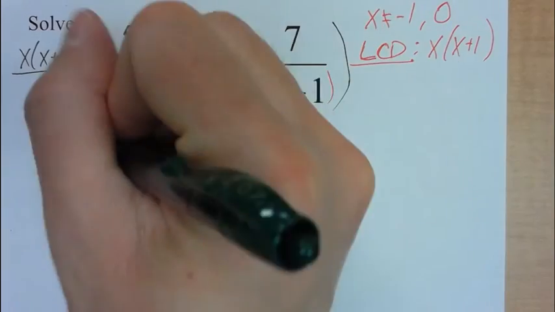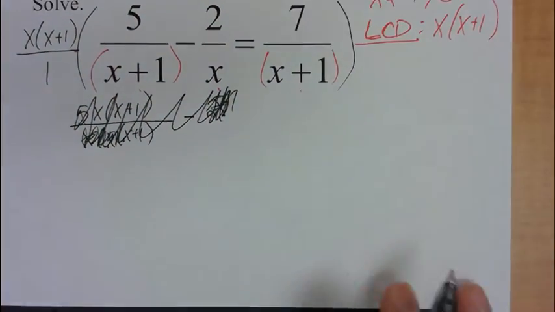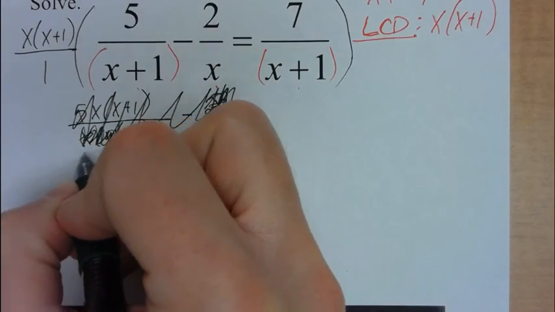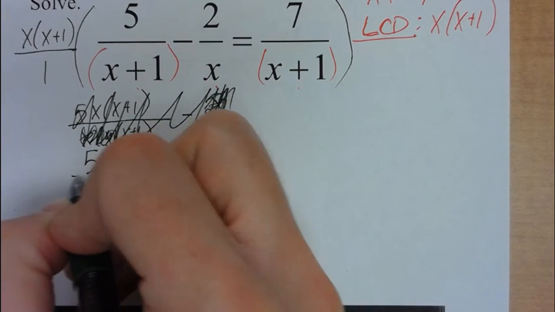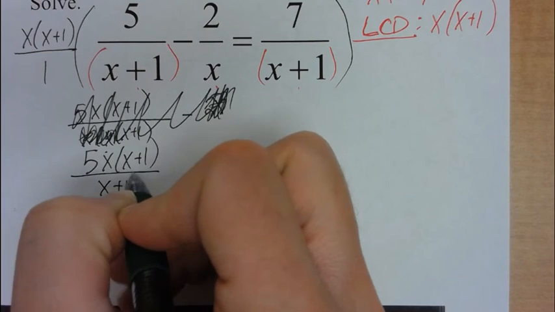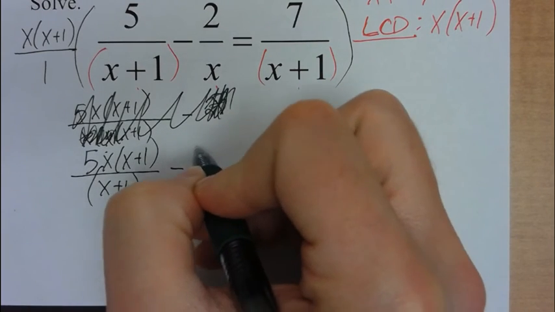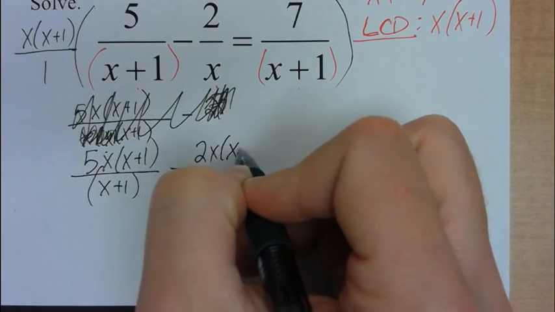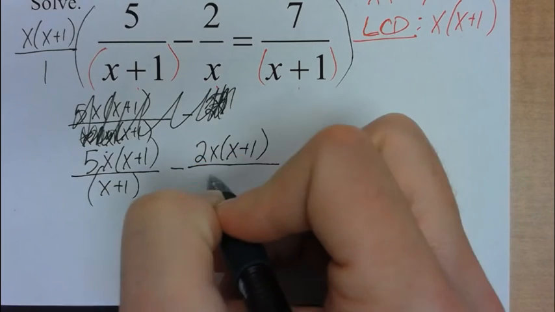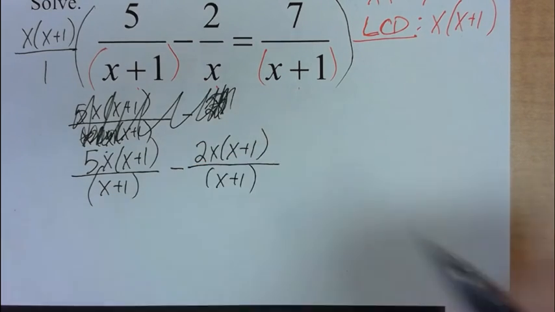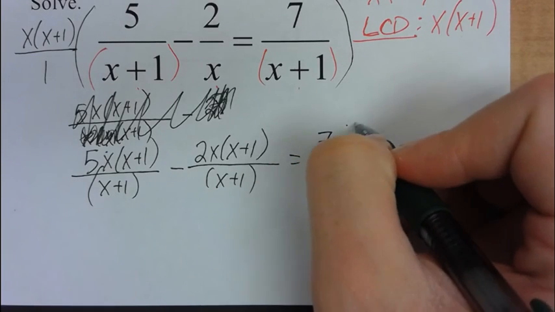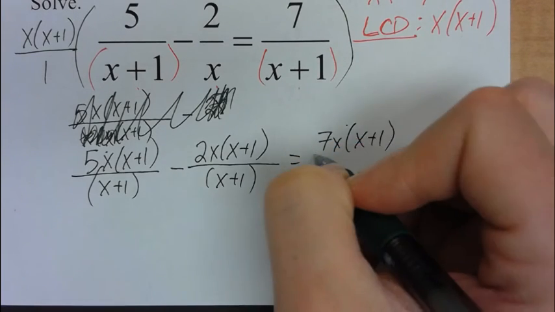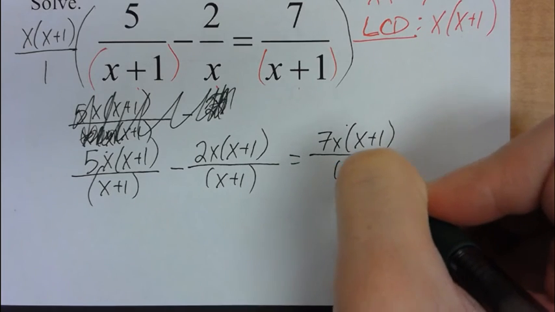So let's just start over. So we have 5 times x plus 1 over x plus 1 minus 2 times x plus 1 over x plus 1 equals 7 times x plus 1 over x plus 1.